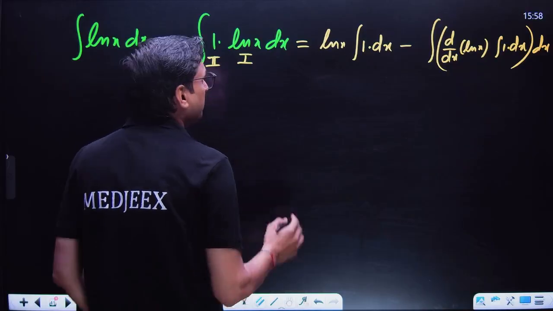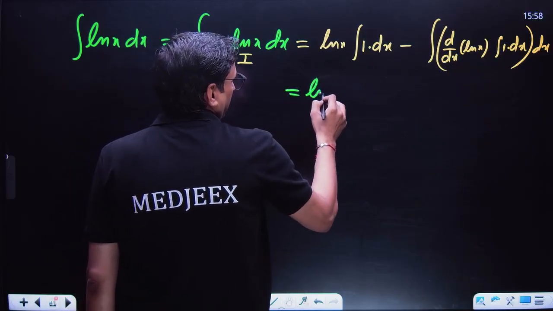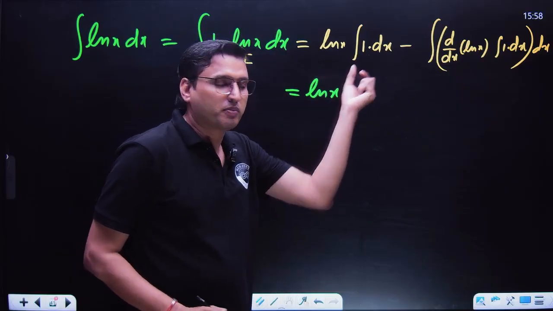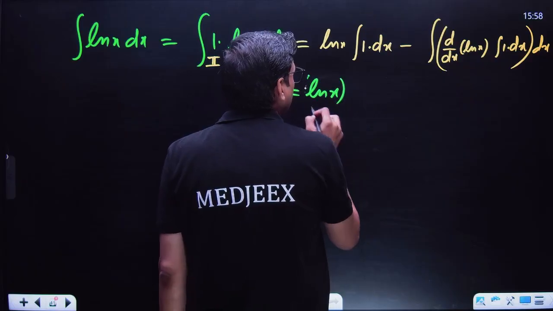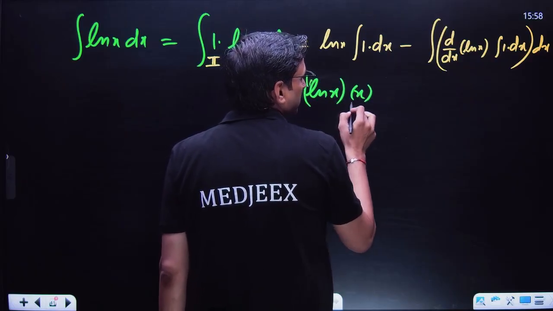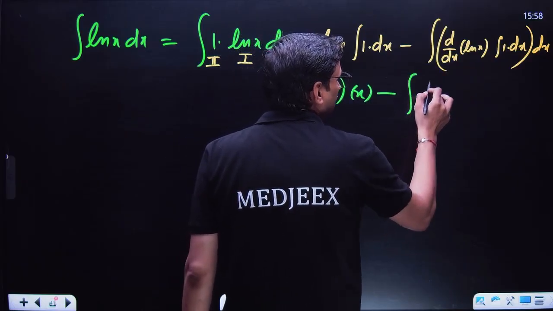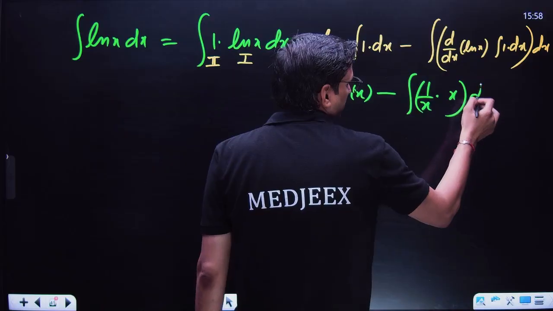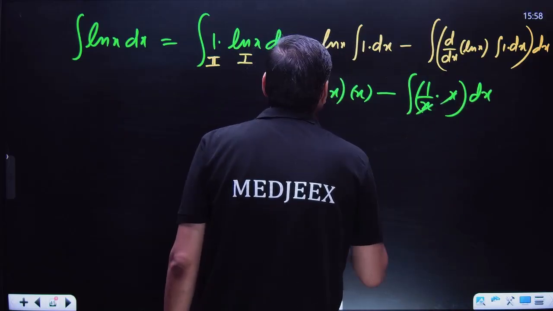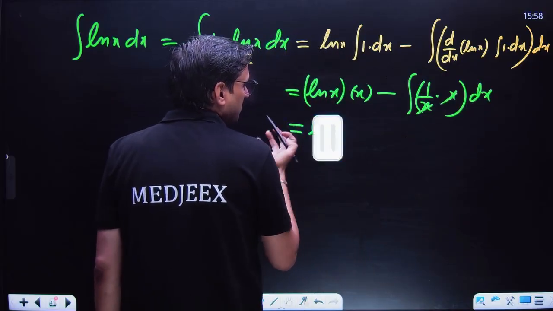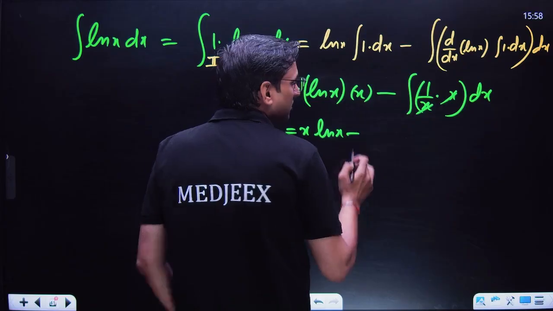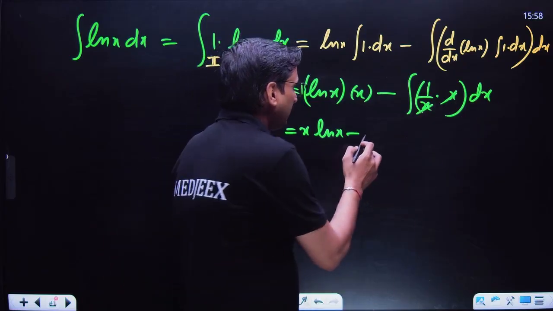Now just apply ILATE and utilize the integration by parts property, you can find the answer. Integration of 1 means x, differentiation of ln x is 1 by x, so we get x, and this is the element dx, x and x cancelled, so we get x into ln x minus 1 dx becoming x, correct?